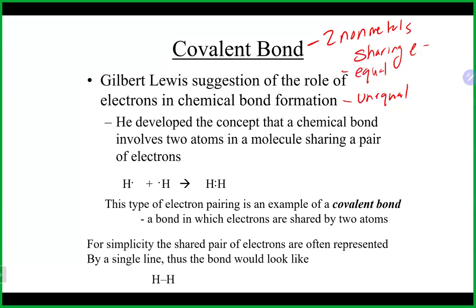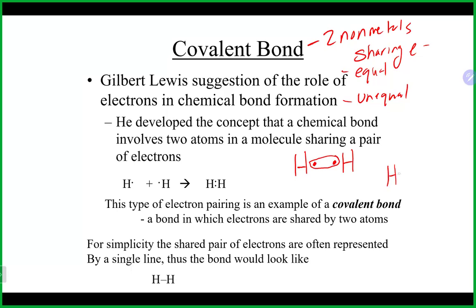Gilbert Lewis, which is why we usually call them Lewis structures, identified covalent bonding as really the sharing of electrons. So when we have something like hydrogen, which remember is a nonmetal, and it comes together with another hydrogen, because they're the same element and both nonmetals, they're going to decide to just share these electrons rather than transferring any.